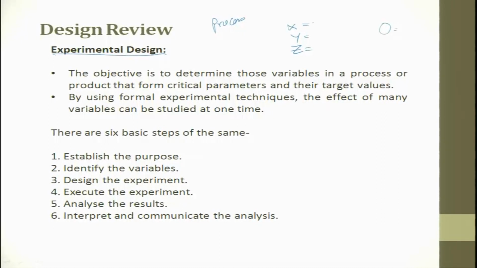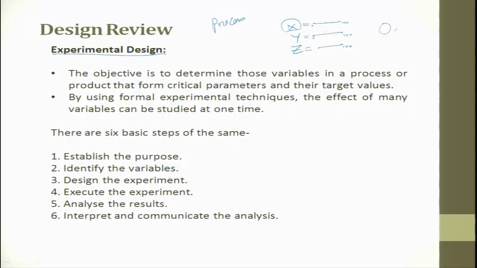So for this, if I start doing experiments, maybe x can vary from 0 to 100, I am just giving a range, y can vary from 0 to 100, z can vary from 0 to 100. So now if I start doing experiments, fixing y and z and keep on changing each individual value for x, I have to do so many experiments to find out what is this variable's influence. In the same way, I will fix x and z and then try to vary y.